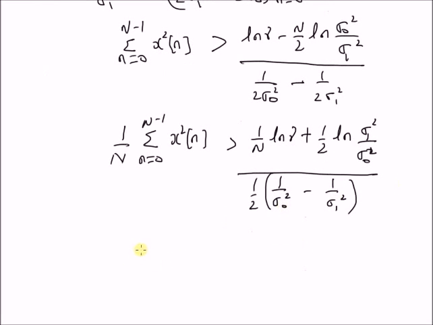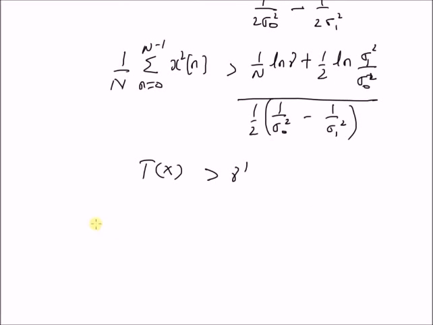Therefore, the likelihood ratio test basically becomes the statistic T of x is greater than gamma dash. The test statistic T of x is equal to the estimate of the variance of x of n, that is 1 by n summation n equal to 0 to n minus 1 x square of n.